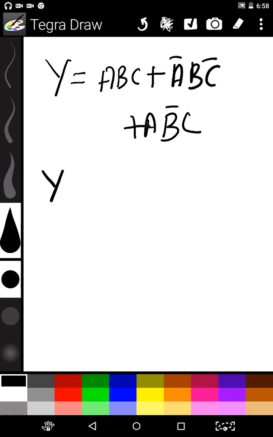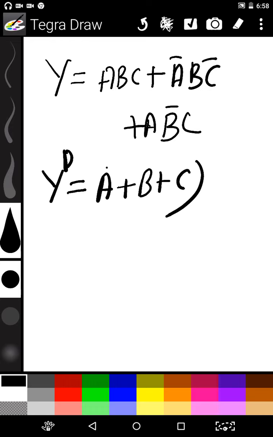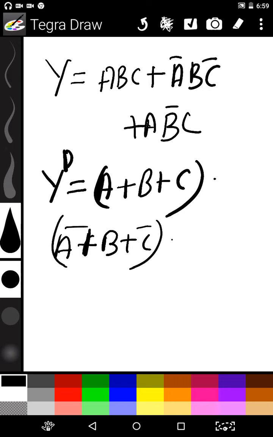The dual form of this expression will be: the variables remain as they are, and the AND is converted to OR, the dot is converted to plus. So a plus b plus c, then dot a bar plus b plus c bar, dot a plus b bar plus c. This is the dual expression of y.